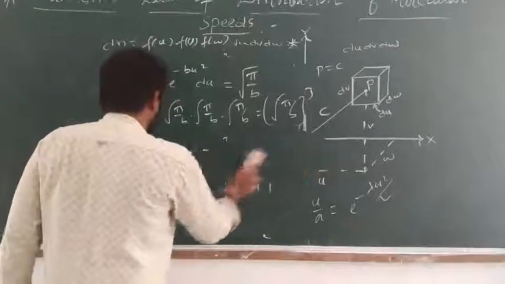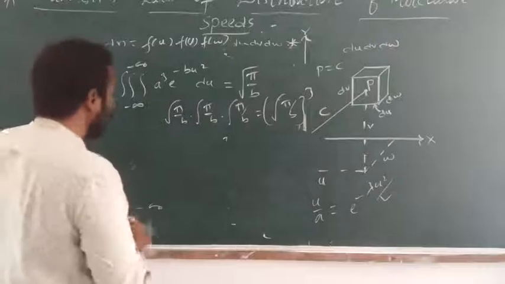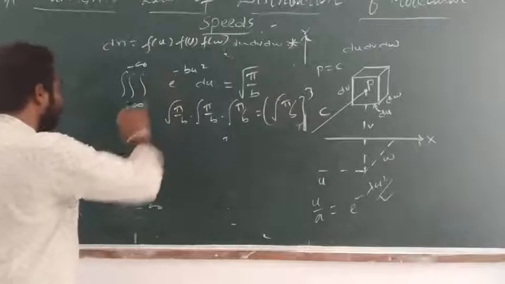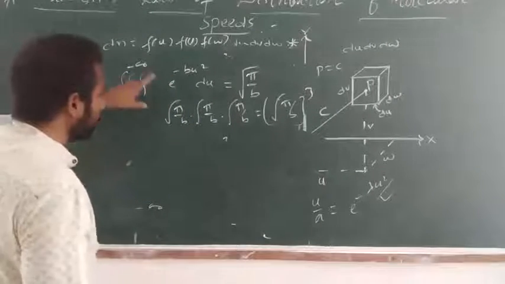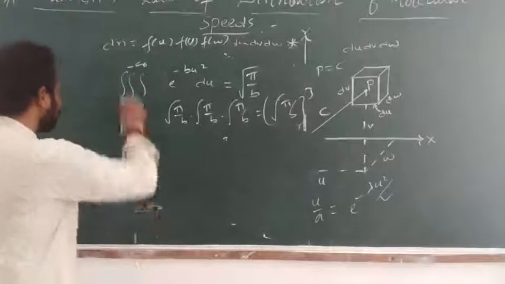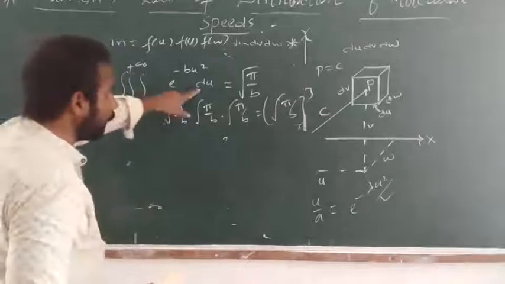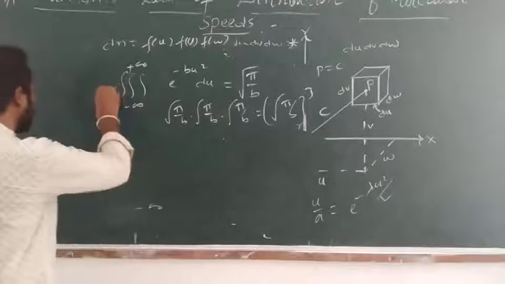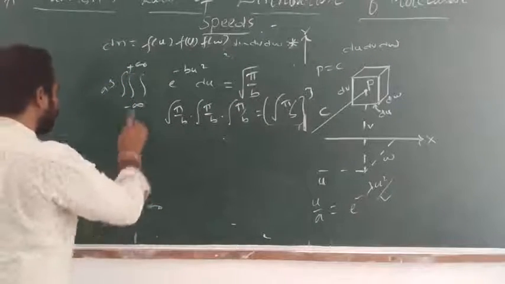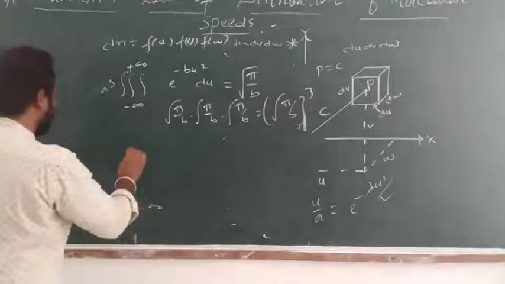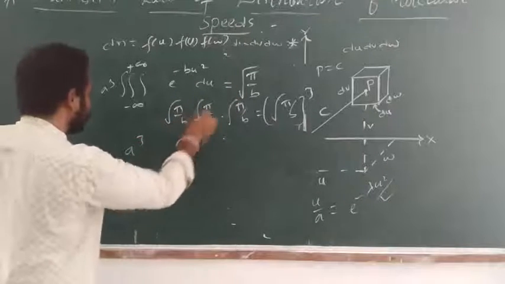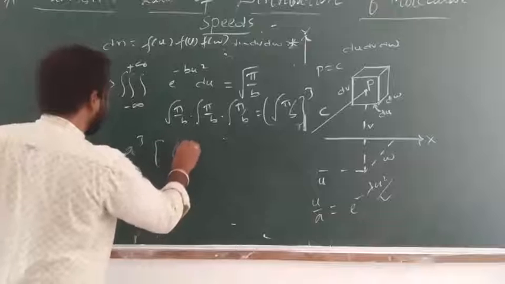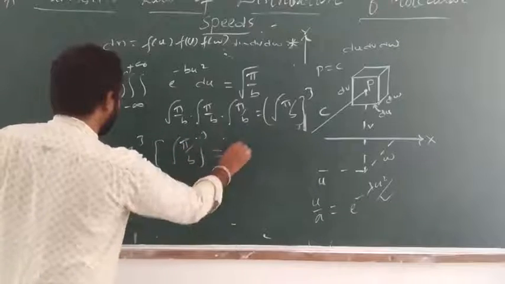Here, not a cube, the value of only the integral from minus infinity to plus infinity of e power minus b u square du is under root pi by b. Hence we have a cube also, and only this value is this much. Now a cube into this value, under root pi by b whole cube, is equal to 1.